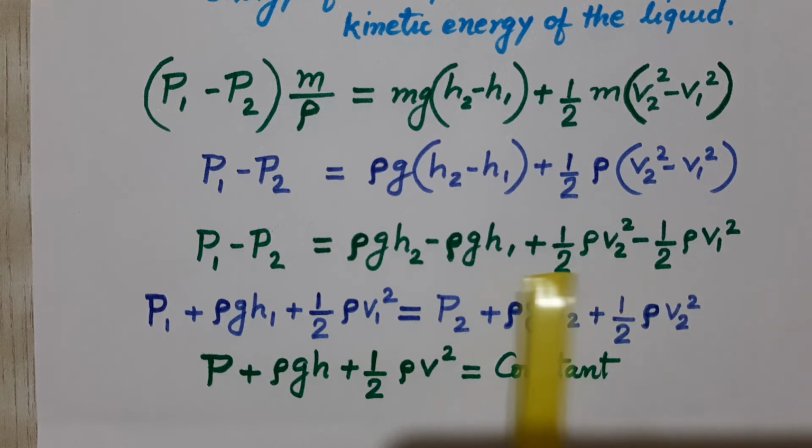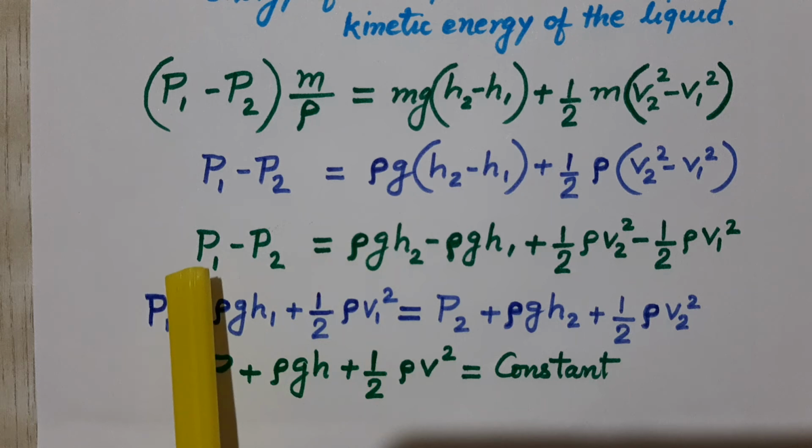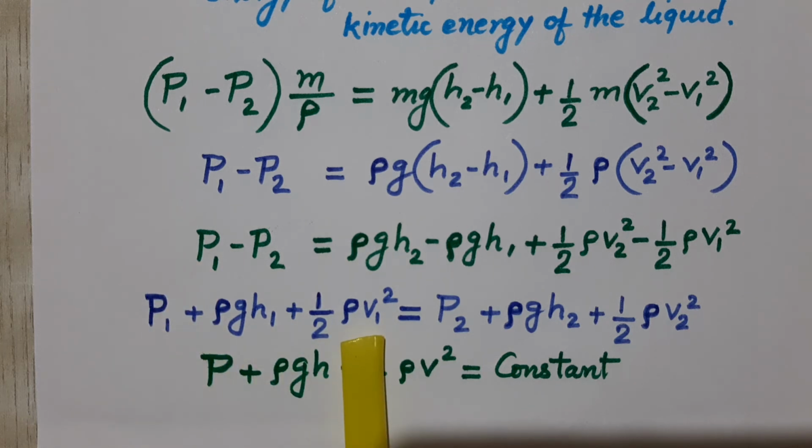And after opening the bracket, separate the terms 1, 1, 1 one side and 2, 2, 2 another side. Then P1 plus rho g h1 plus half rho v1 square is equal to P2 plus rho g h2 plus half rho v2 square.